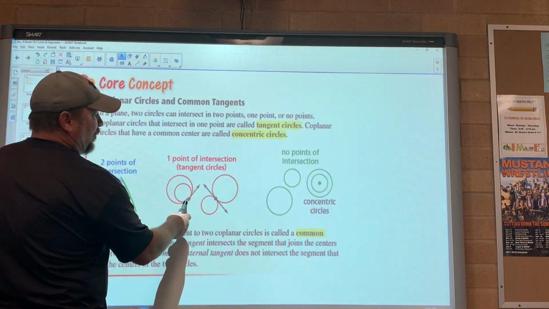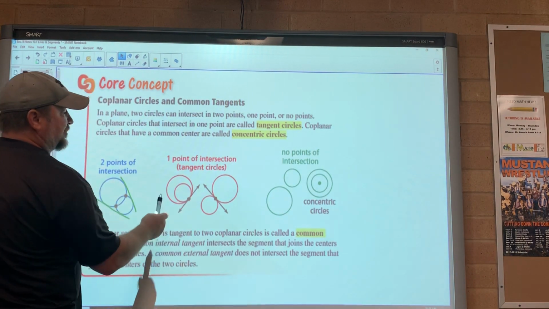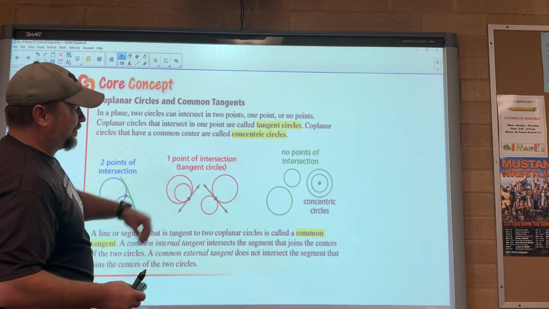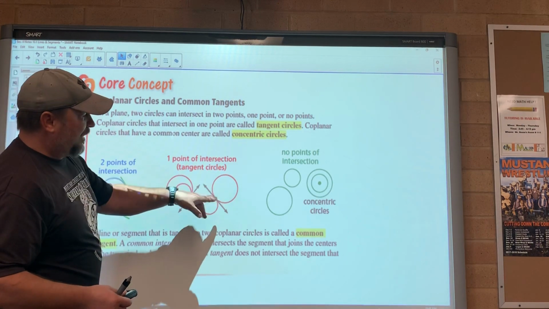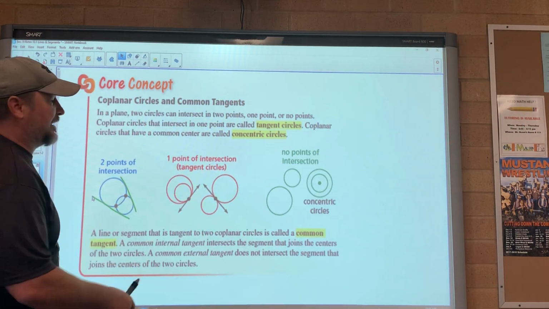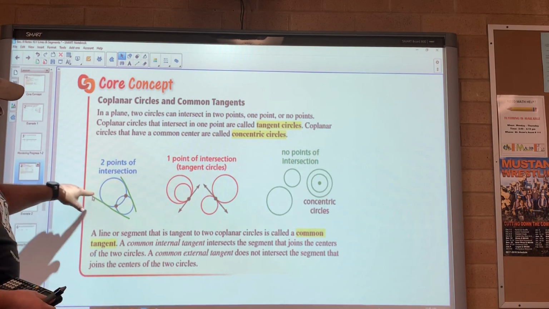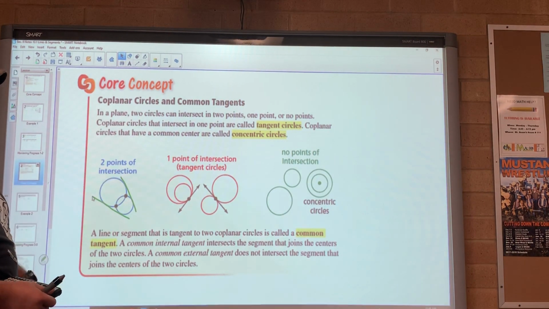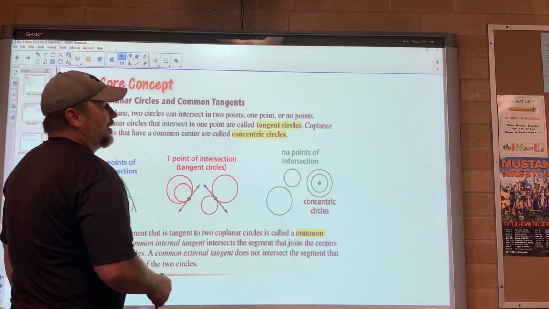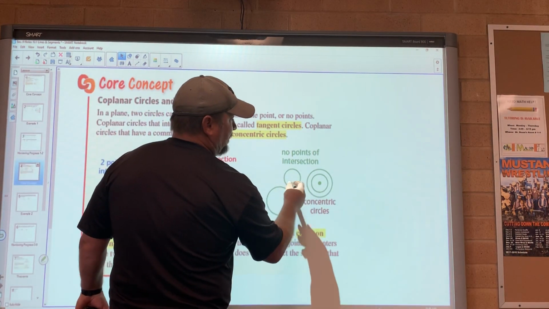This one only has one because there's only one tangent that can hit both circles. Like I said, this one has two because there's two tangents that can hit both circles. Okay? This one would have multiple.